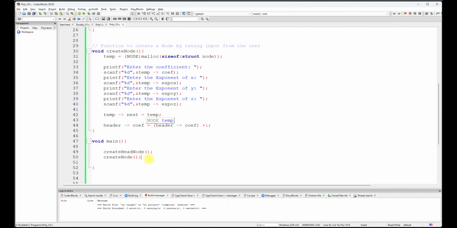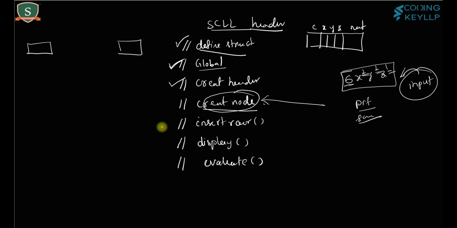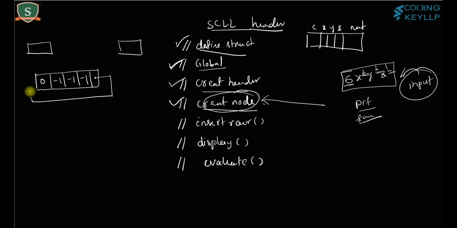When you call create node and create head node, what happens in the backend? The moment you call create header node, a new node is created that has the information 0, -1, -1, -1, and this would be pointing to itself. Header next is equal to header means it is pointing to itself.